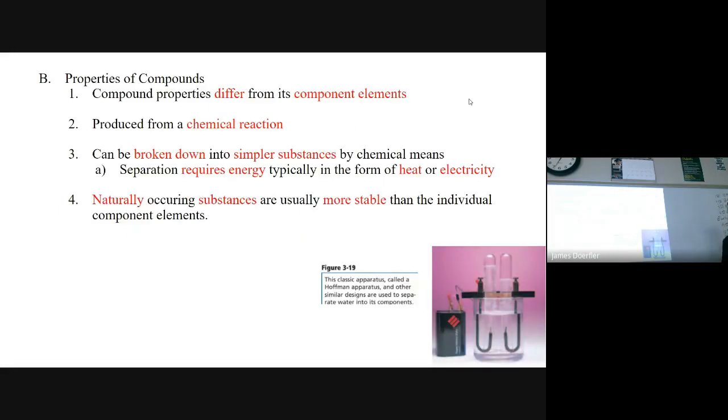So, as I mentioned, compounds are going to have unique properties that are going to differ from their component elements. And compounds, since they are unique in regards to their components, are produced from a chemical reaction.